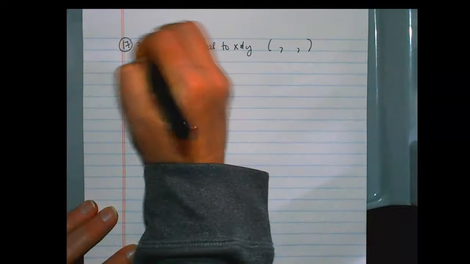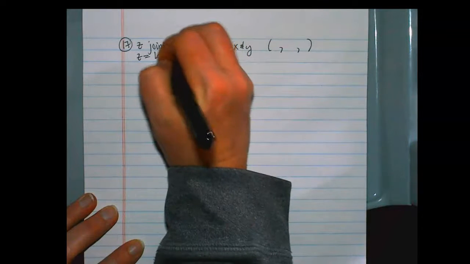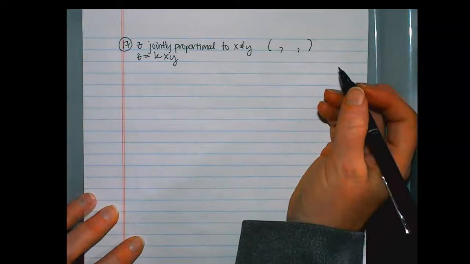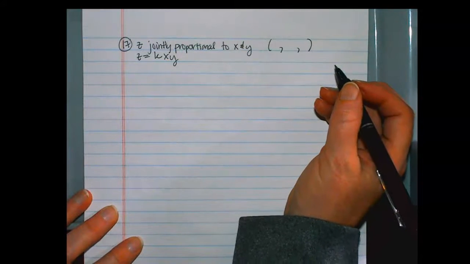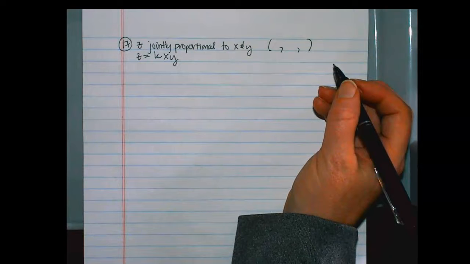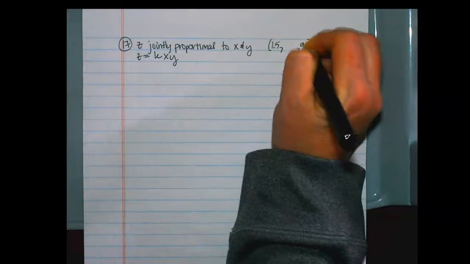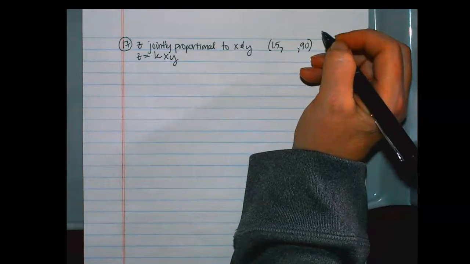For number 17, they say z is jointly proportional to x and y. So z is equal to k, that proportion, times x times y. And they're giving points that say z is 90 when x is 1.5 and y is 3.